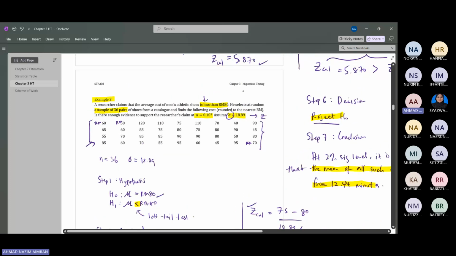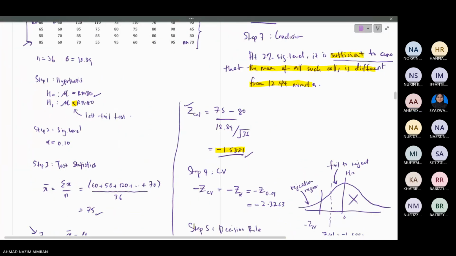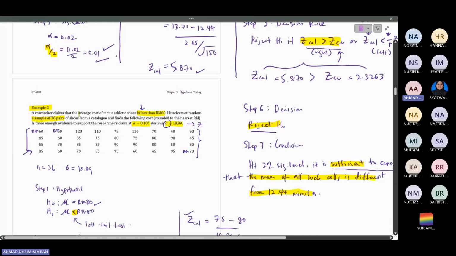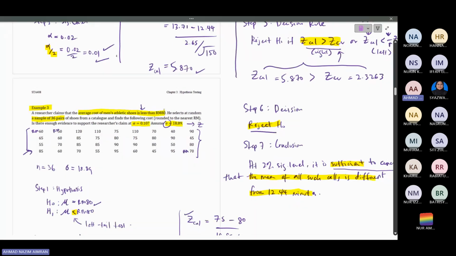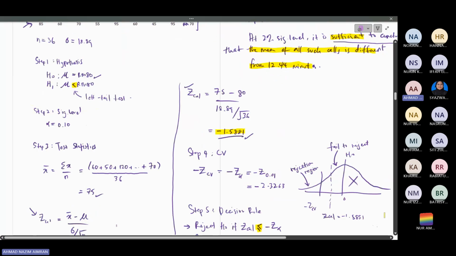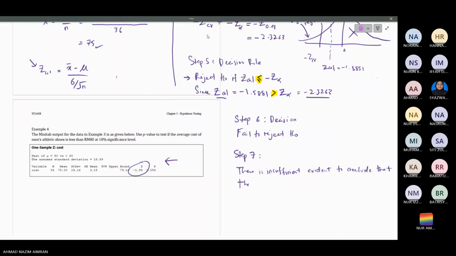In this question, example number 3: the average cost of men's athletic shoes is less than RM 80 ringgit. So you can use that one.